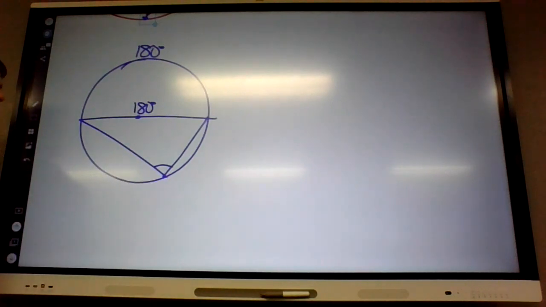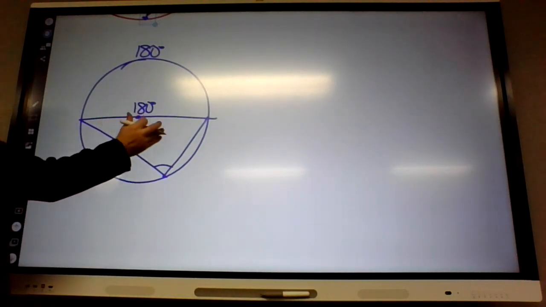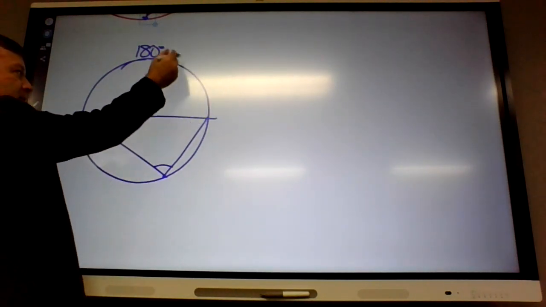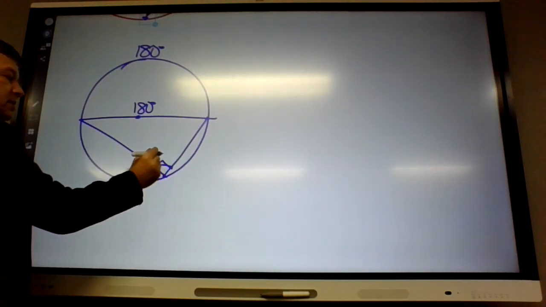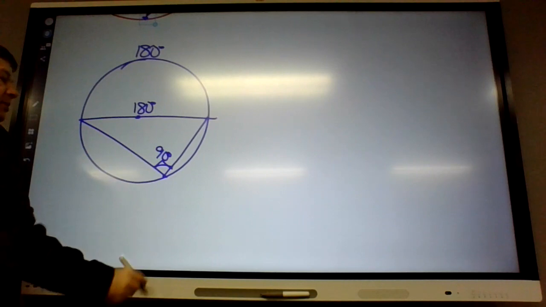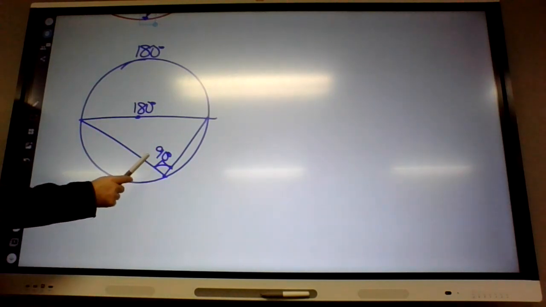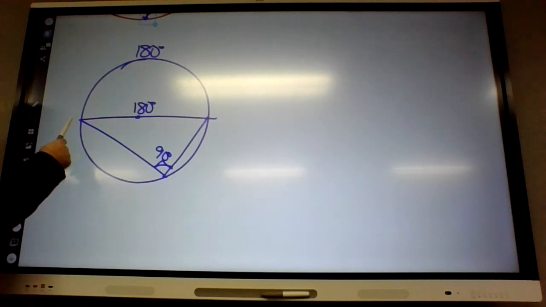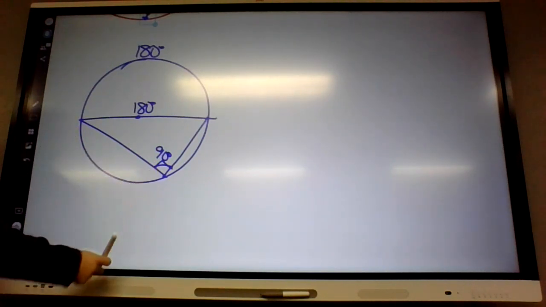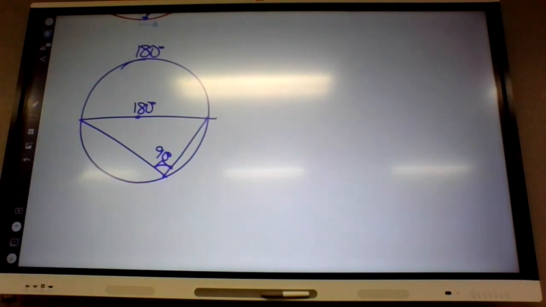No? 90. It's half of its arc. So this is 180, the arc's 180. So this angle is going to be half of that. It's 90. So the moral of the story is if an inscribed angle intercepts a semicircle, it's got to be 90 degrees. See how it looks 90? Nice and pretty.